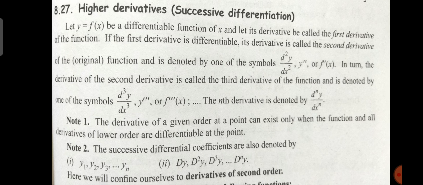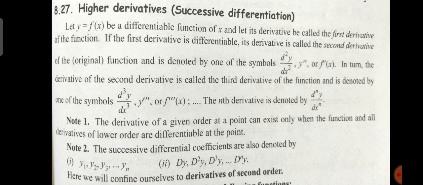Next is the higher derivative, or successive differentiation. Till now we have found only the first derivative, dy by dx. The next derivative is d square y by dx square, that is f double dash of x, the second derivative.